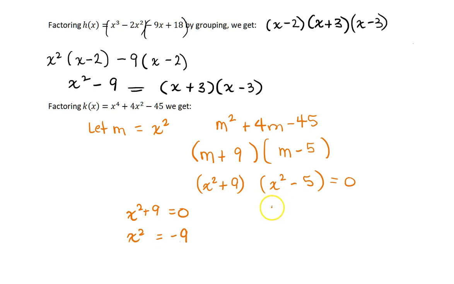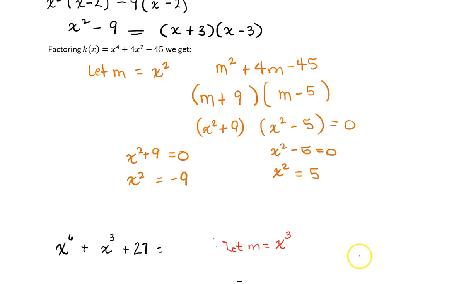And then x squared minus 5 equals 0, and I move that to the other side, so x squared equals 5. So far, so good. Well, we don't want x squared, we want x, so we're going to take this one more step.